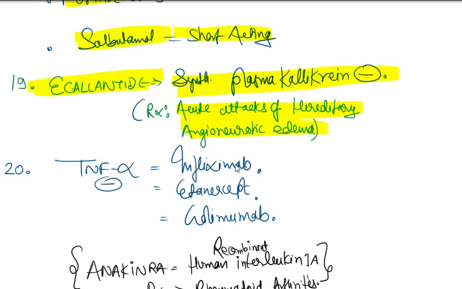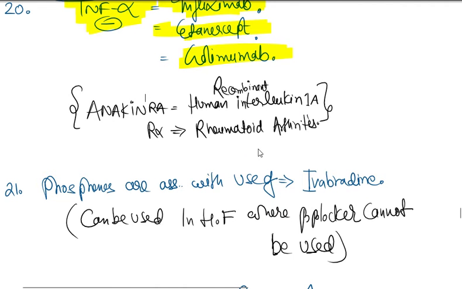Next one, TNF alpha inhibitors: infliximab, etanercept, golimumab. Next one, anakinra. It is recombinant human interleukin 1 receptor antagonist. It is used for treatment in rheumatoid arthritis.